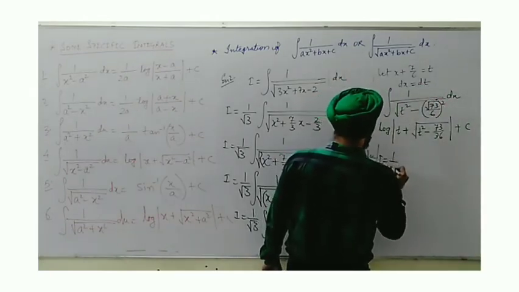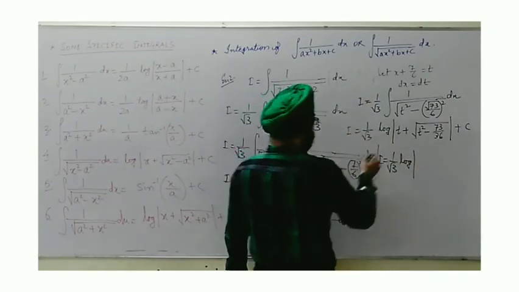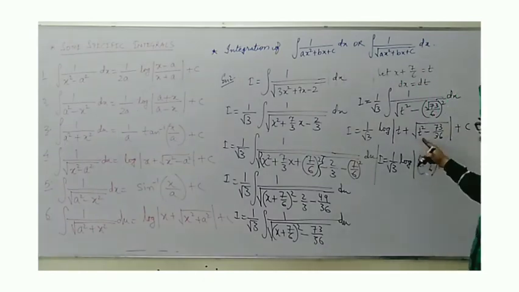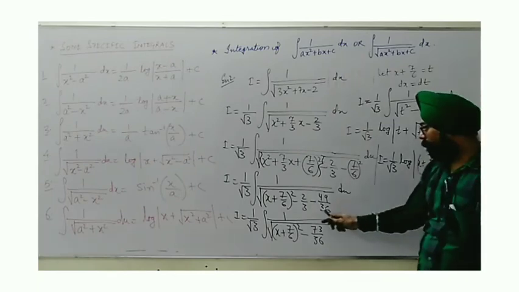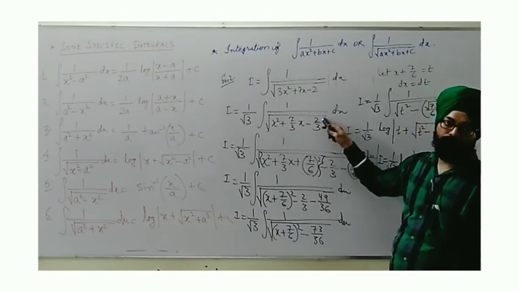Now we can say I is 1 by root 3 log mod, the value of t we have taken as x plus 7 upon 6, plus now this under root t square minus 73 upon 36. This all we obtained from the expression x square plus 7 by 3 x minus 2 by 3.